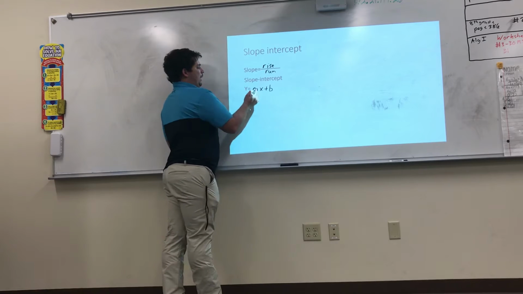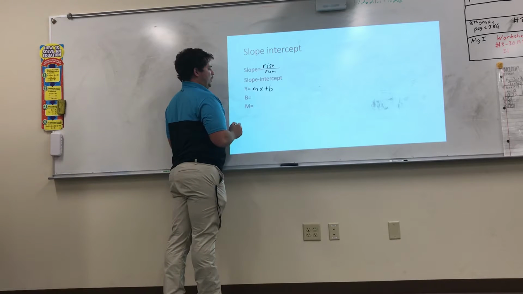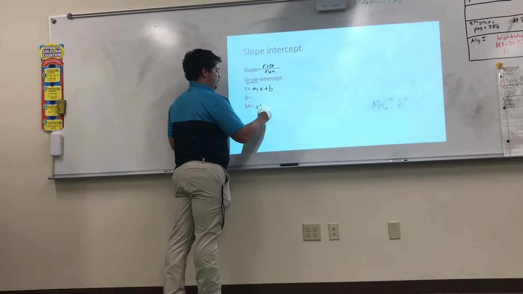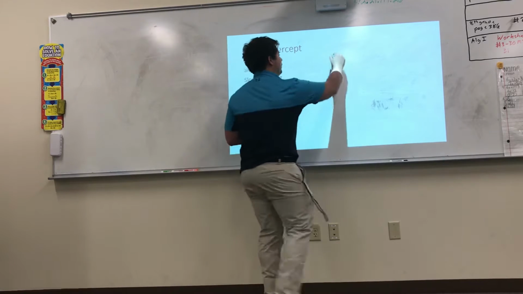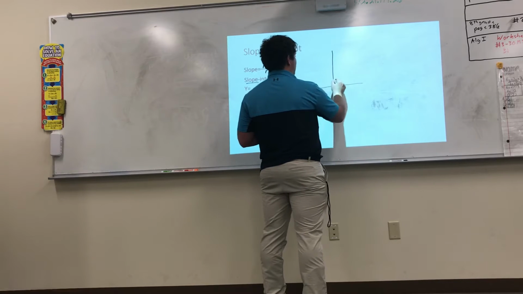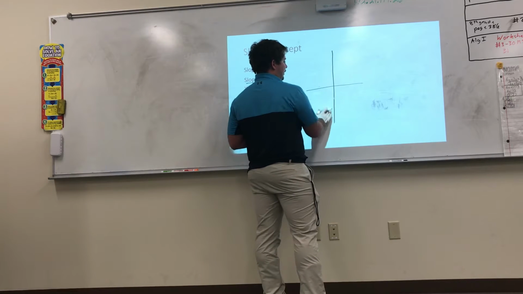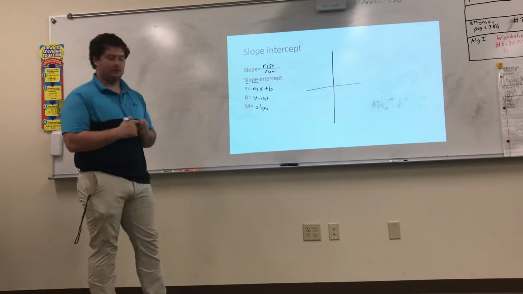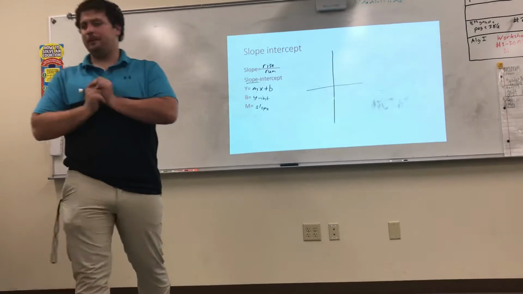What m stands for is always going to be your slope. So this is going to be slope. This is going to be your y-intercept, and that is where you cross your y-axis. So somewhere on this line is going to be your y-intercept.